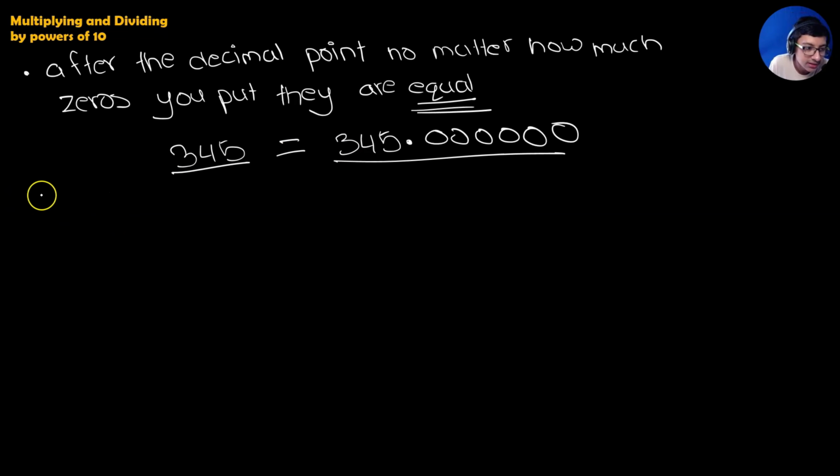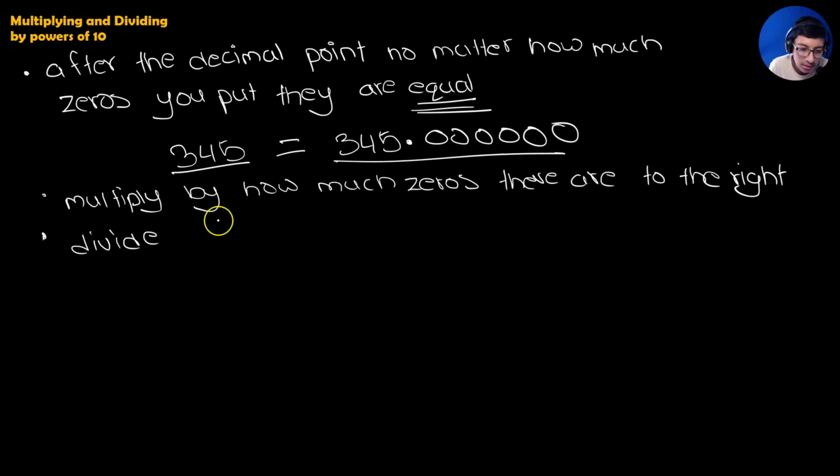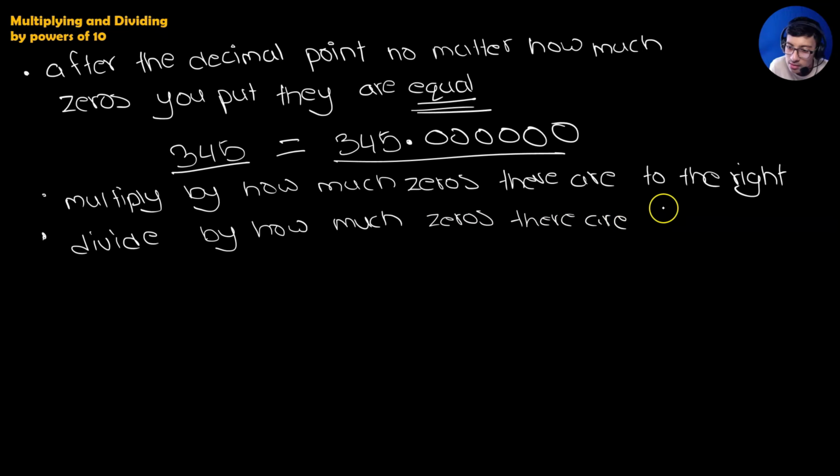Another key point is that when we are multiplying, we multiply by how many zeros there are to the right, and for division it's the opposite, and we divide by how many zeros there are to the left.